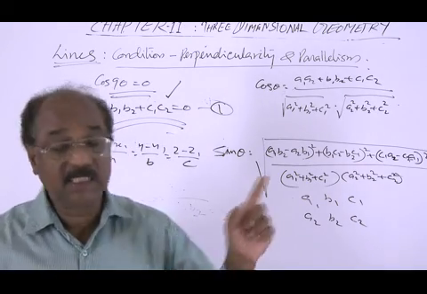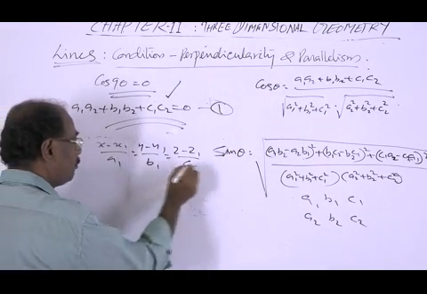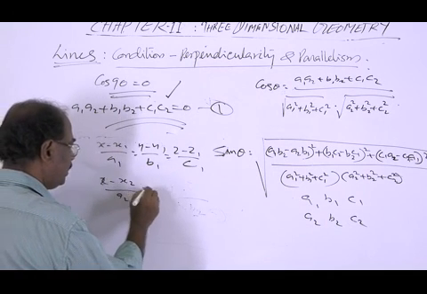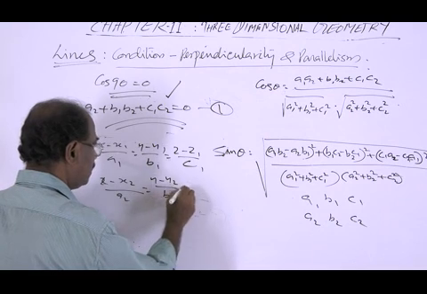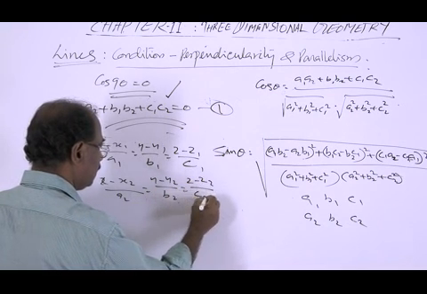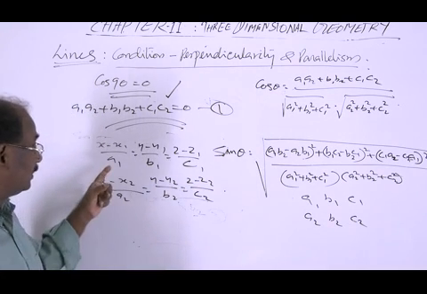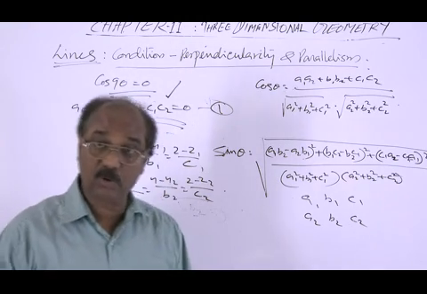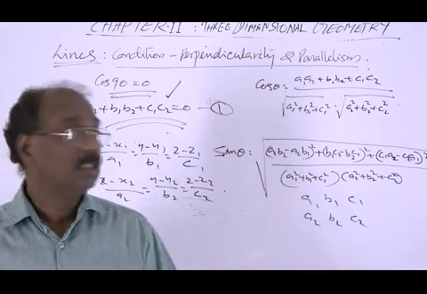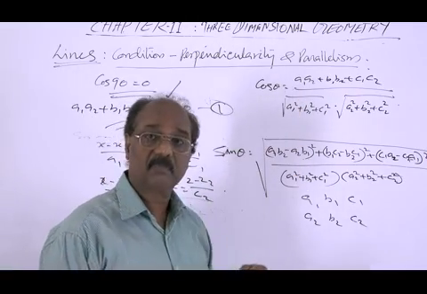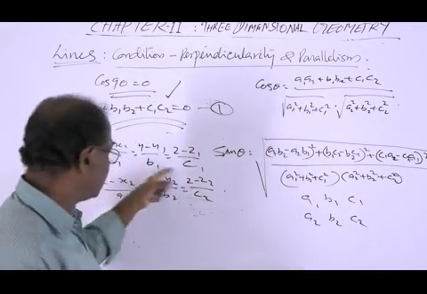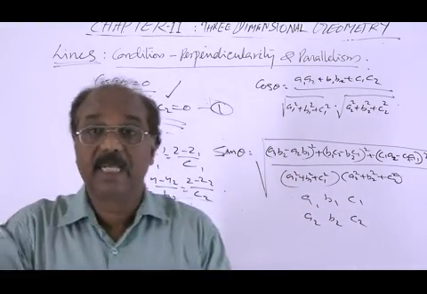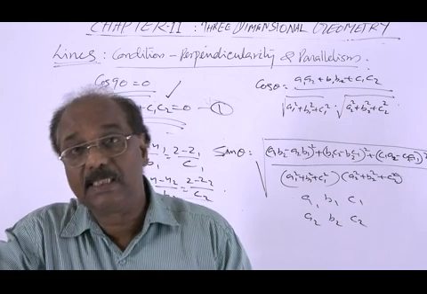If two lines are given in this form, you will take one line in this form and the other as x minus x2 by a2 equal to y minus y2 by b2 equal to z minus z2 by c2. In this case, the direction ratios are a1, b1, c1 and a2, b2, c2, the direction ratios of the two lines. Then theta is given by this or this, because we are given direction ratios, and the condition is the same as that we have already derived. Okay, so that is the method.